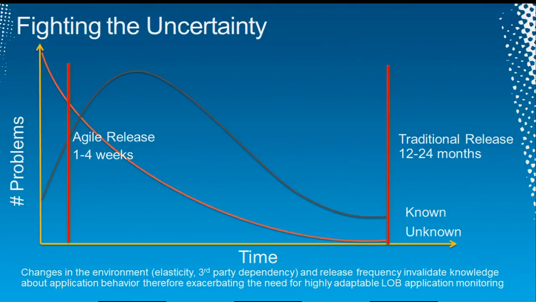So I essentially came back to this: fighting the uncertainty. Our job was to be able to detect problems as soon as possible and help people to know what they don't know.